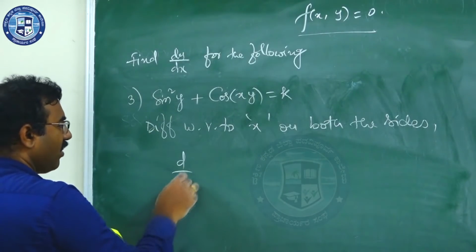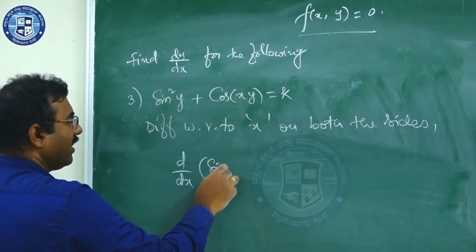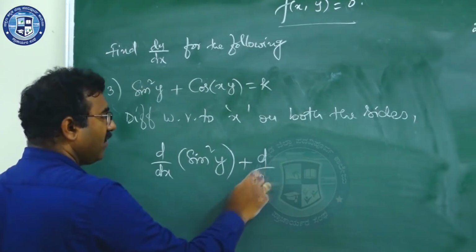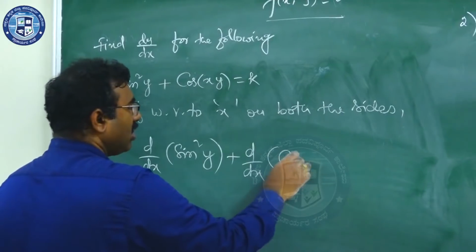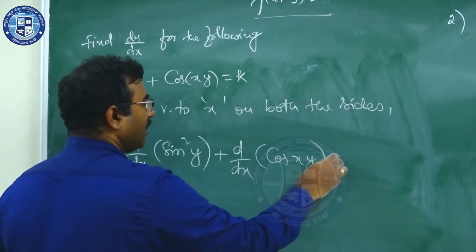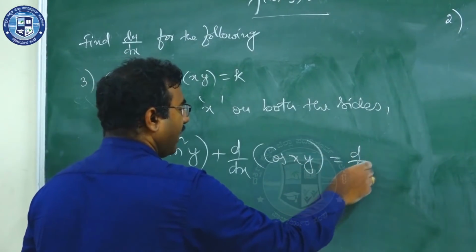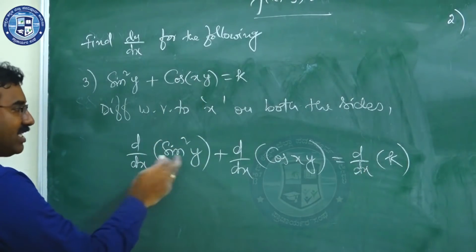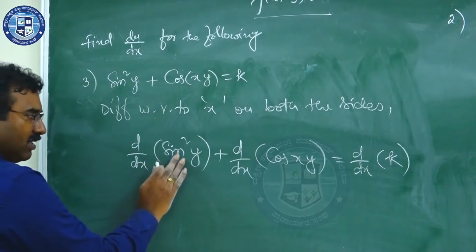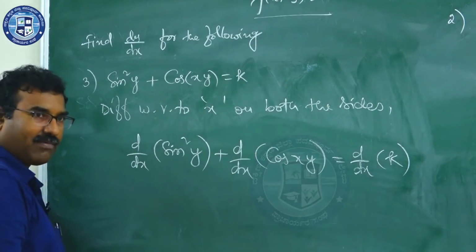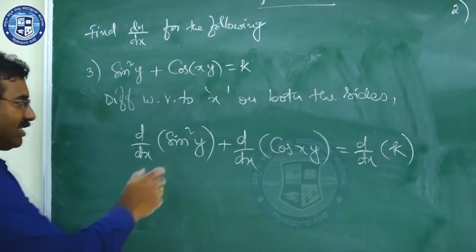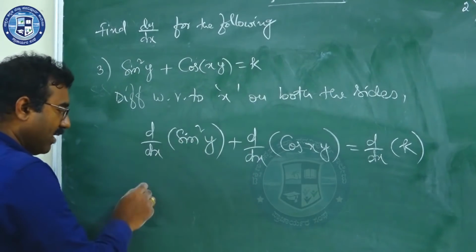So d by dx of sin squared y plus d by dx of cos xy is equal to d by dx of k. Okay. So d by dx of sin squared y. We do not have a straight formula for this. We apply d by dx of x squared, which is 2x.